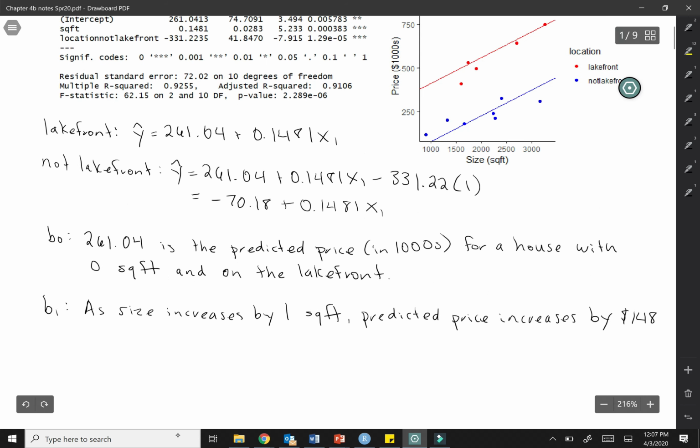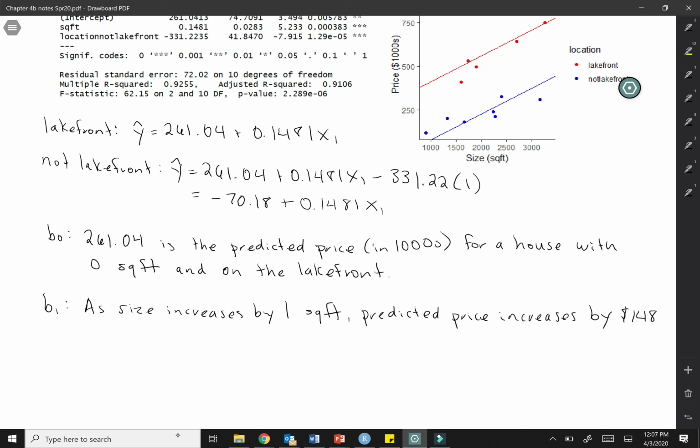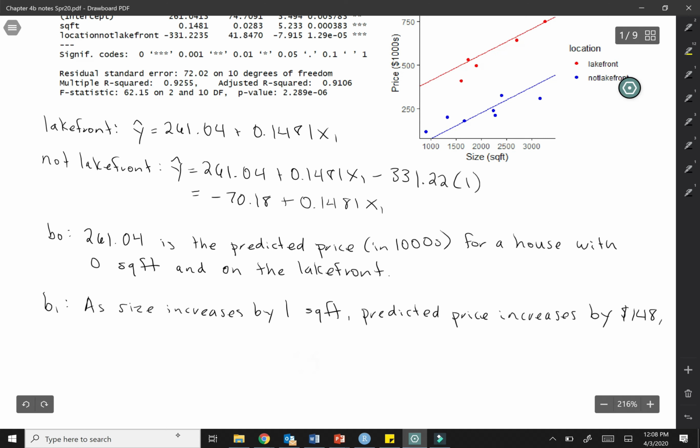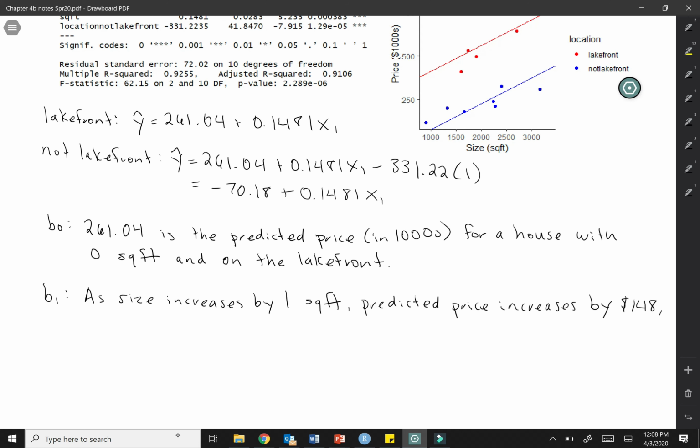right? And notice that this is referring to both groups, right? They both have the same slope, but we're looking at them separately. So because of how we're looking at the two groups separately, we have to add this extra tag here. Predicted price increases by 148 after controlling for the location.